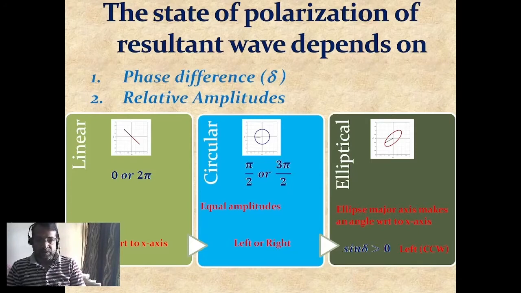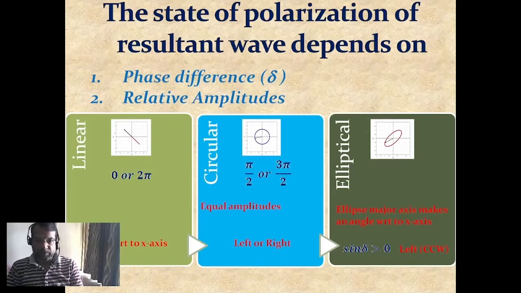When the amplitudes are equal and phase difference is either π/2 or 3π/2, it results in a circular polarization, left or right, and when phase difference is 0 or π, it results in plane polarized light, and amplitudes can be of any ratio.